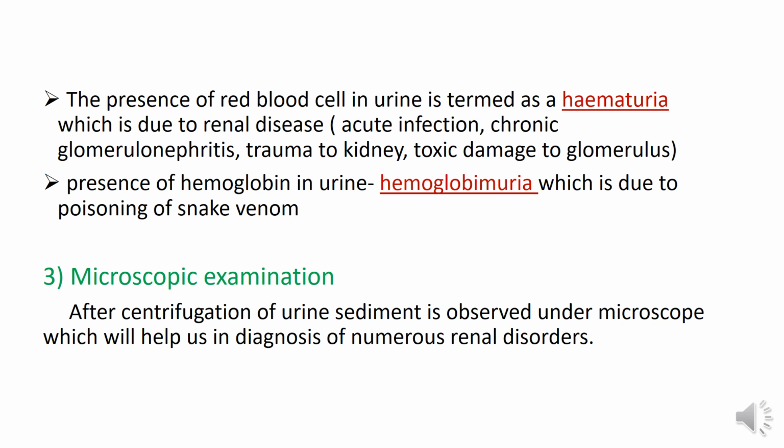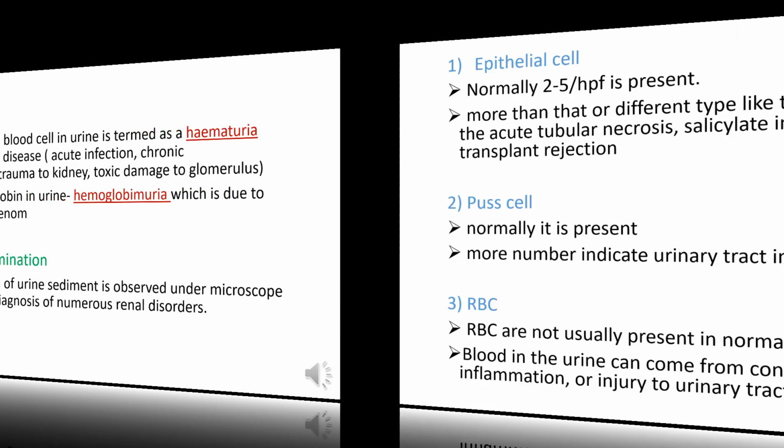Now we proceed to microscopic examination. In microscopic examination, after centrifugation of urine, a drop of urine sediment, not supernatant, is observed under the microscope, which helps in the diagnosis of numerous renal disorders like infection or RBCs present in urine. Now we are going to see them one by one.